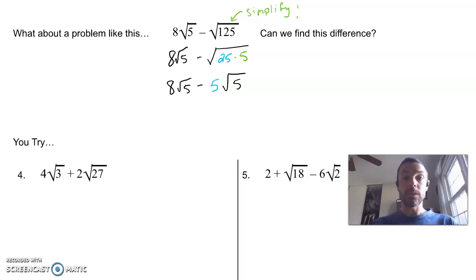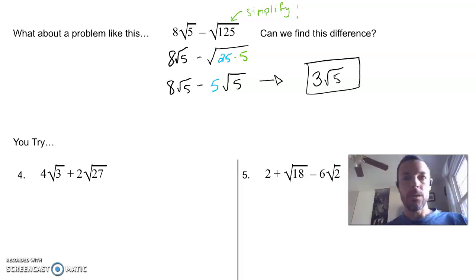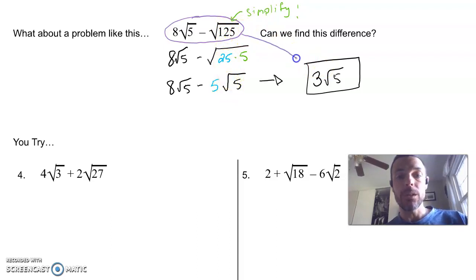Because the square root of 125 is the square root of 25 times 5, or 5 square root 5. Now they are like radicals, and now we would have to combine them. 3 square root 5. So when we start with 8 square root 5 minus the square root of 125, we don't see it immediately until we simplify our square root.